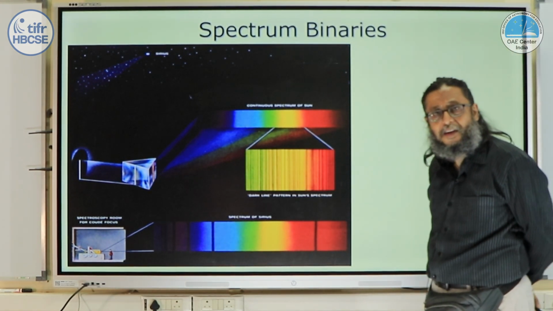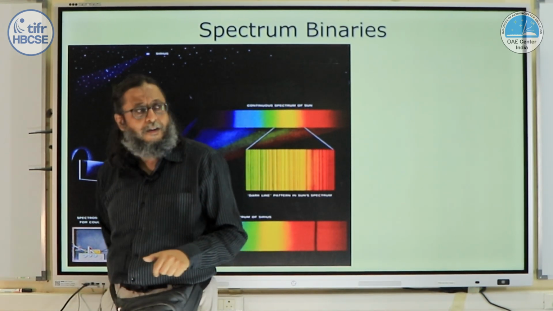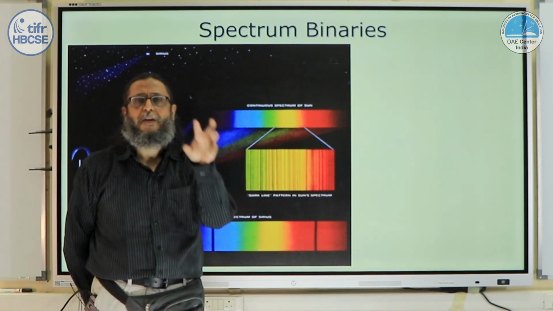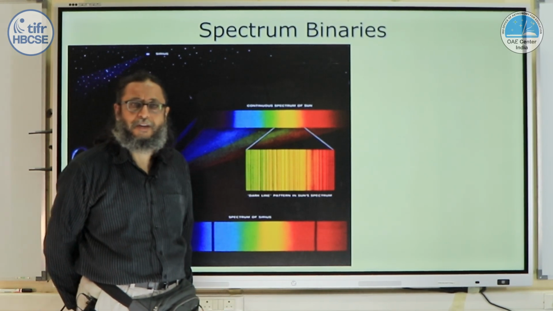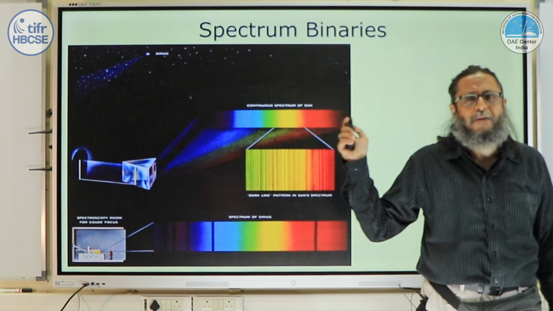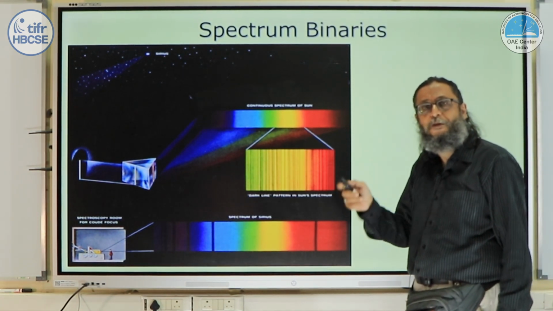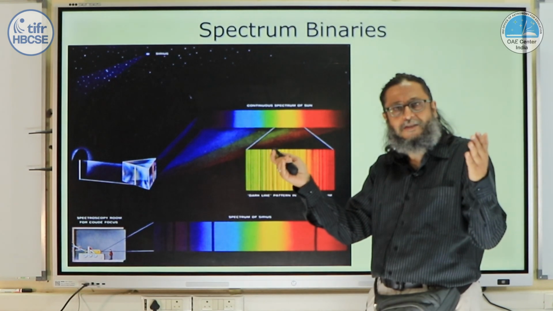Even if you cannot resolve the object, you can derive its physical properties from the spectrum, and that is why spectral study is extremely important and gives you the maximum amount of information about the physical scenario.